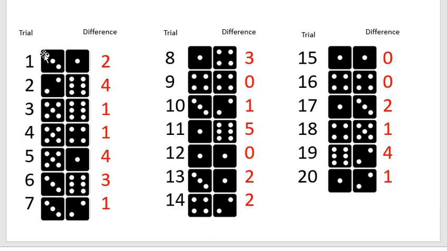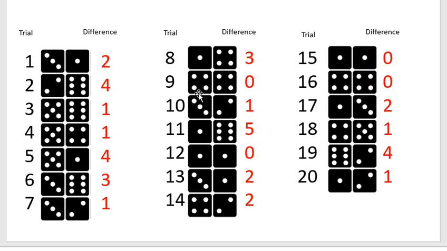My first trial, I had a 3 and a 1. So the difference was 2, as you could see from this part right here. My second trial, I rolled a 2 and a 6, so my difference was 4. I've done this 20 different times. Let's look at our 20th one here. I rolled a 1 and a 2, the difference being 1.